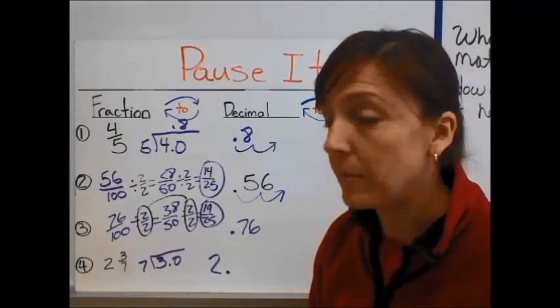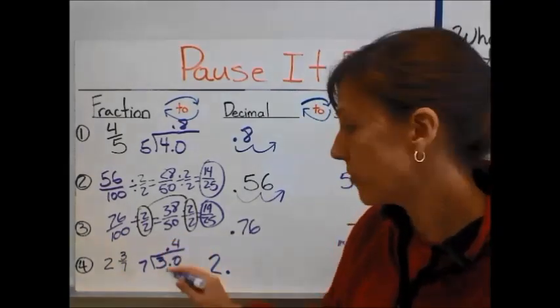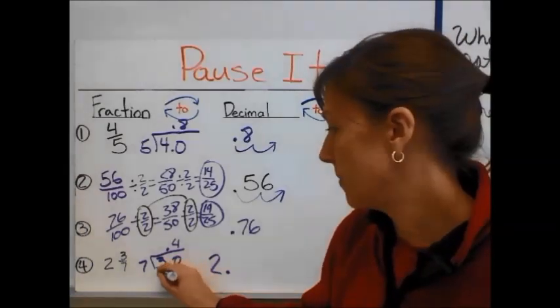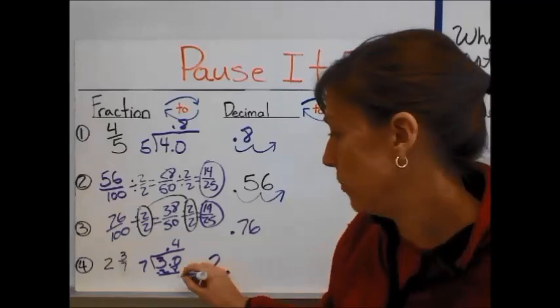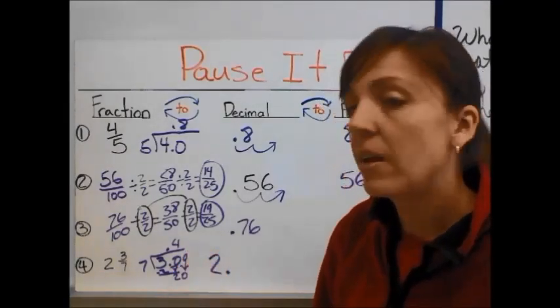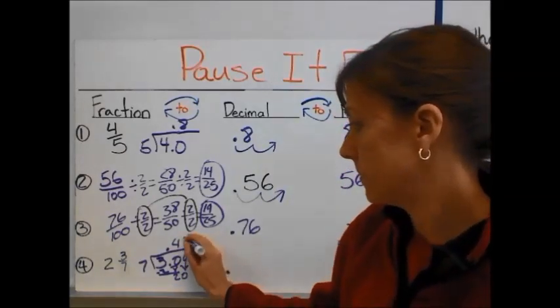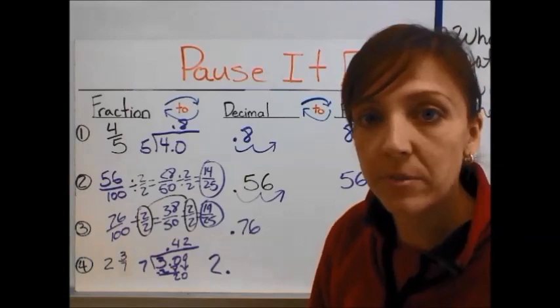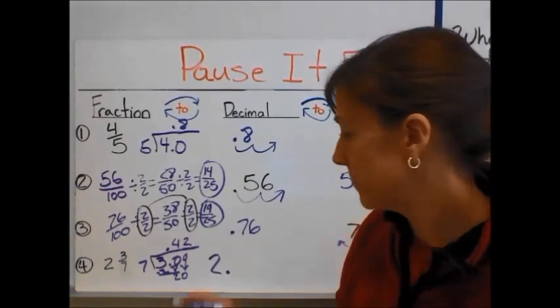7 goes into 30 4 times. Bring your decimal up. 4 times 7 is 28. Subtract and you get 2. 7 into 20 goes 2 times. 2 times 7 is 14.